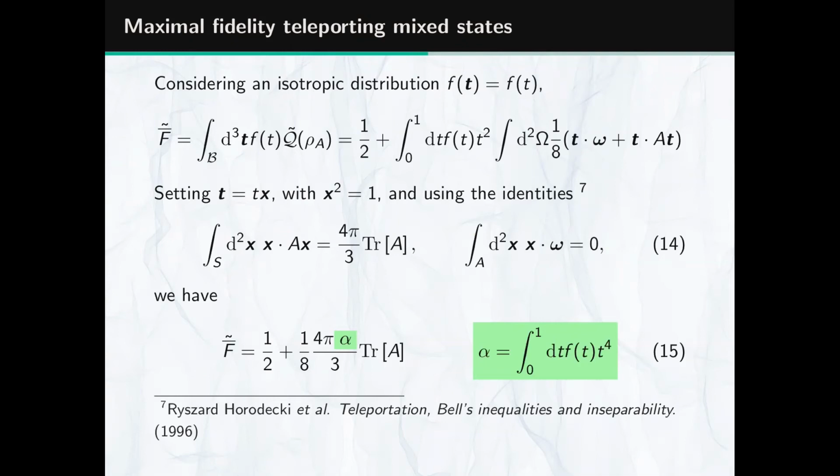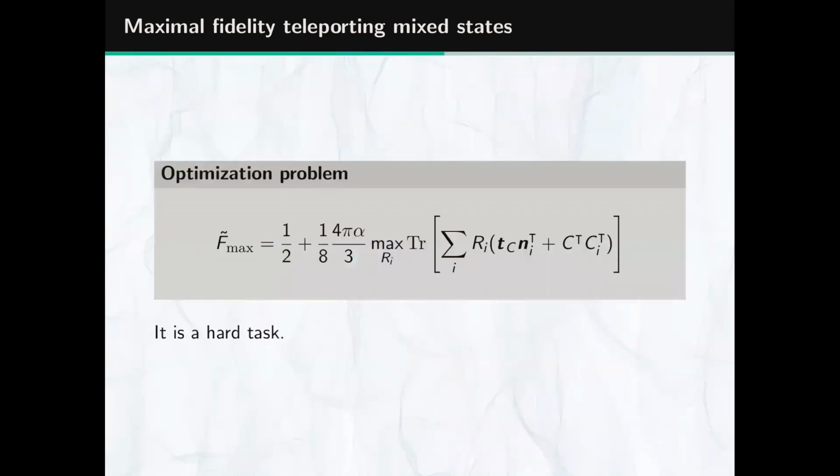Well, now this is our new optimization problem. We have to move this rotation in order to reach the maximum. And it is a hard task if you set general things, a general von Neumann measurement, a general resource state. It is a hard task, at least for me.